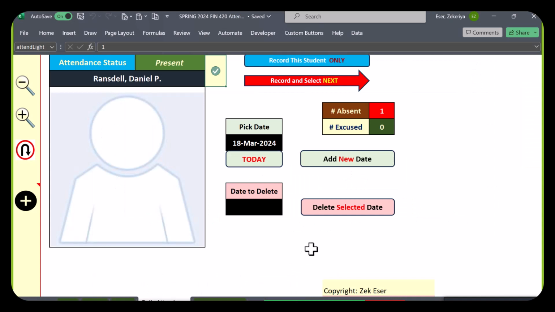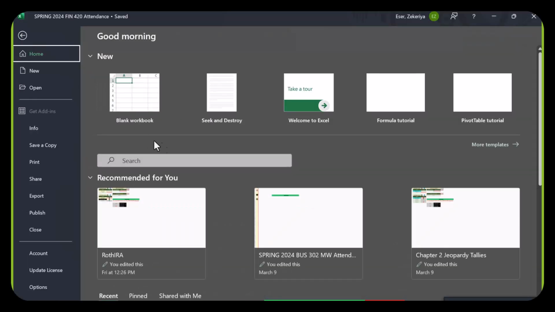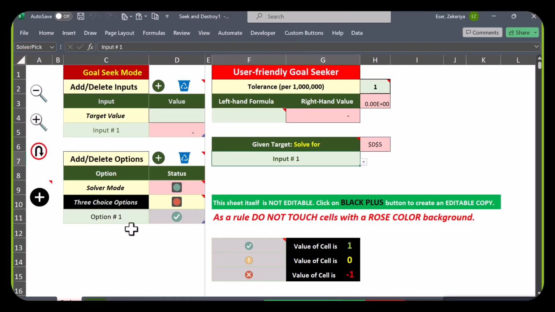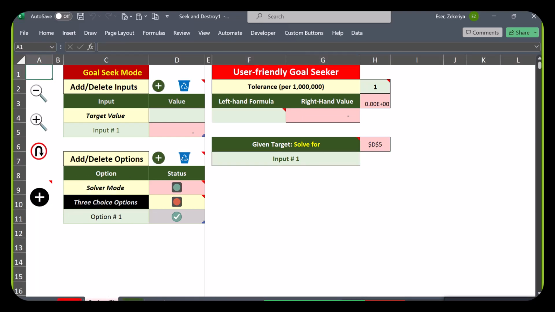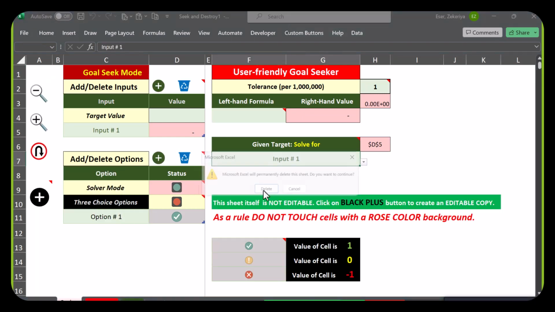Now let's talk about how to... let me create a copy of this. Let me delete this one.